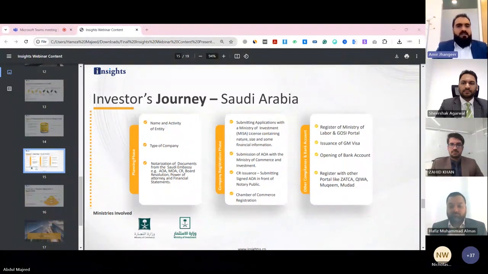The nature, size, and some financial information are required as well, along with the attested documents. We need to remember one thing. Other additional documents are also required by the authorities, but normally they do not require attestation. For example, the passport of the owners is also a requirement, but attestation is not required in that case.